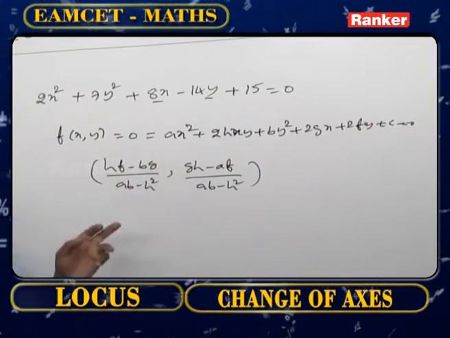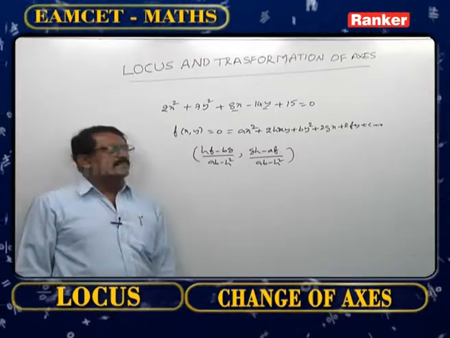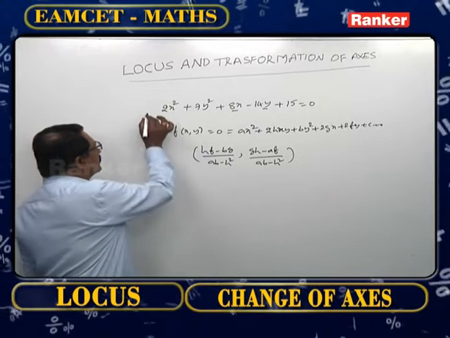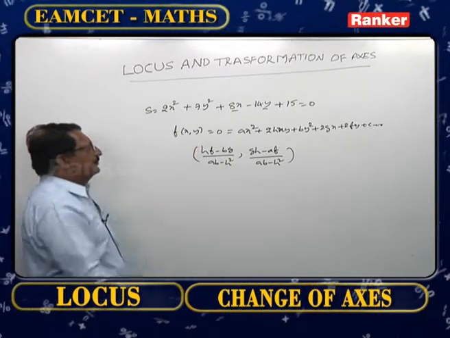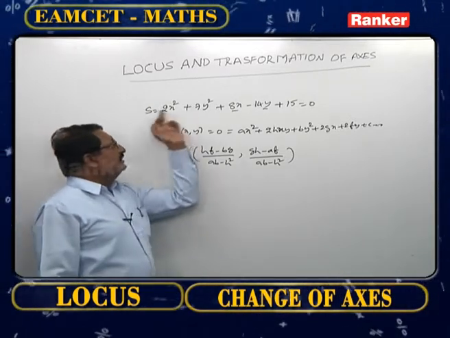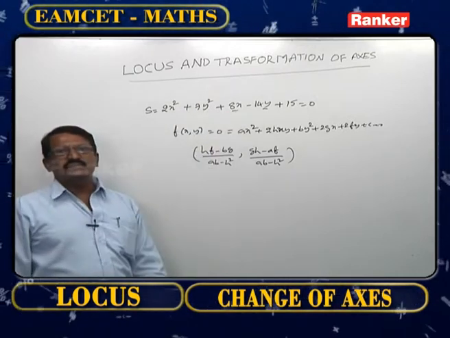Using this formula is a very lengthy calculation, but in MSET, in the shortcut method, consider the given equation as S = 0.